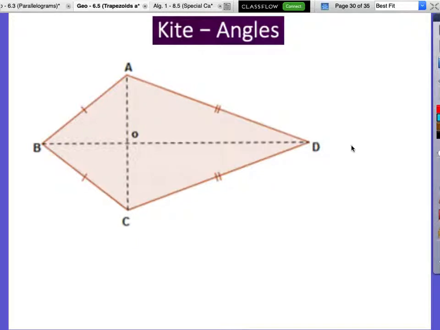So BC is not congruent to CD, so this is one of our congruent angles. AB is not congruent to AD, so that's our other congruent angle. Excuse me, I said that wrong at first. Our congruent angles split the non-congruent sides. They don't go between our congruent sides.